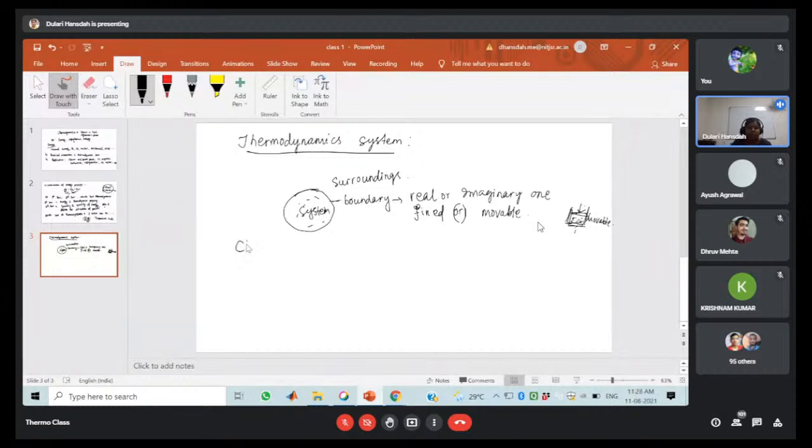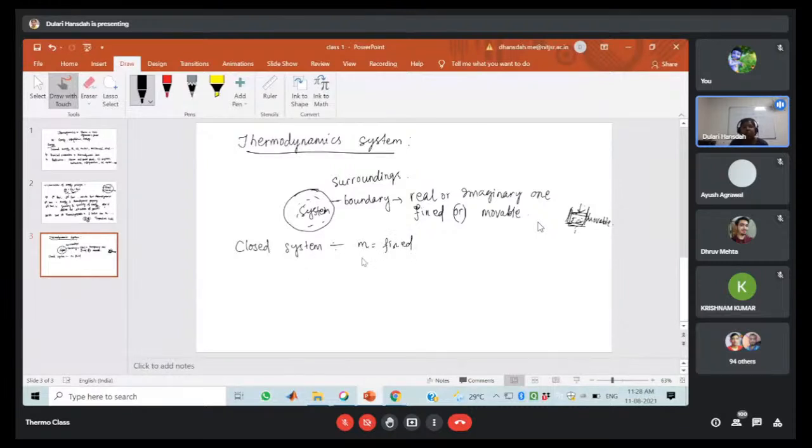So next we are having the closed system. In case of the thermodynamic system, we are having the closed system. All of you have this idea, as one of you has given this example, piston cylinder arrangement. So closed system means in this case we are having a certain quantity of matter which is fixed. So in this case, mass is fixed, right?